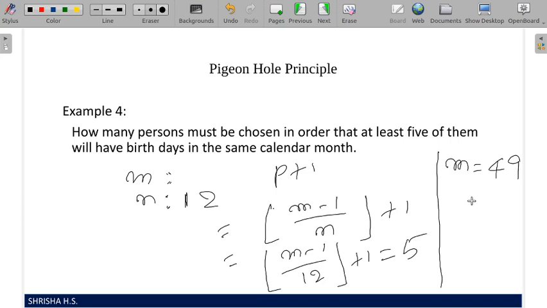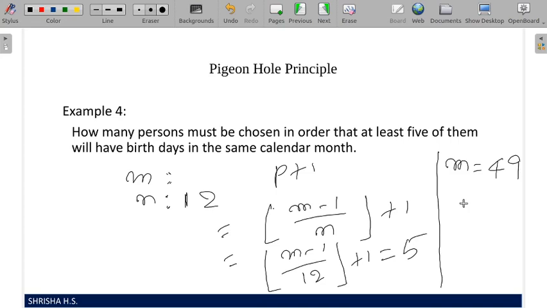So we need at least 49 persons, or at least 49 birthdays, such that at least 5 of the birthdays will come up in the same calendar month. It's very easy to calculate: 12 into 4 is 48, so one extra. If you have 49, it is guaranteed that at least one month will get 5 birthdays.